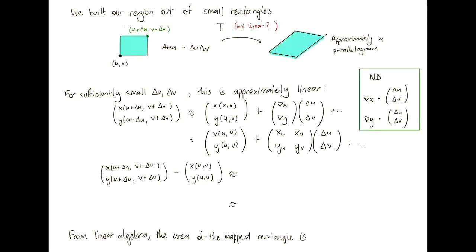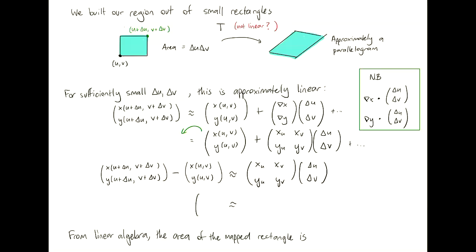Okay. And now what I'm going to do is jump this over to this side and say, okay, well, what is the difference between the x in my top corner and the x in my bottom corner? So what are my opposite points of my parallelogram mapped to? Well, that is simply going to be the matrix x_u, x_v, y_u, y_v, times delta u, delta v.